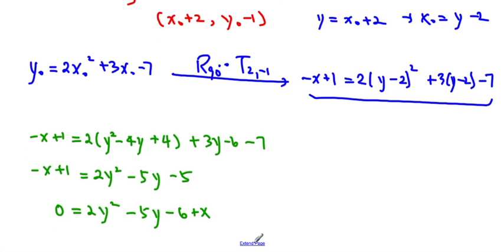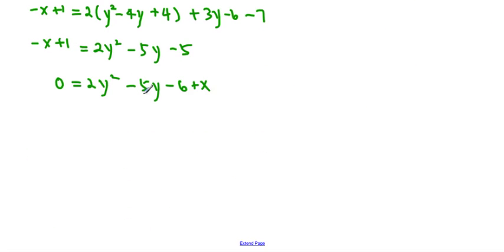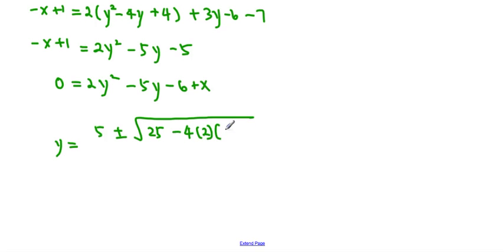Now how am I going to solve for y? In fact, we could use the quadratic formula. Y then becomes 5 plus or minus square root of 25 minus 4 times a, which is equal to 2, and c becomes x minus 6, all over 4. So that's basically what we end up getting.